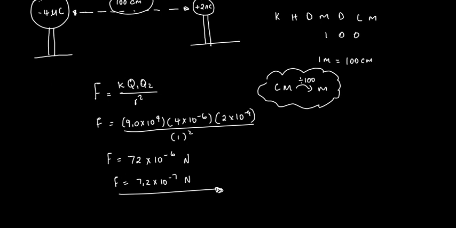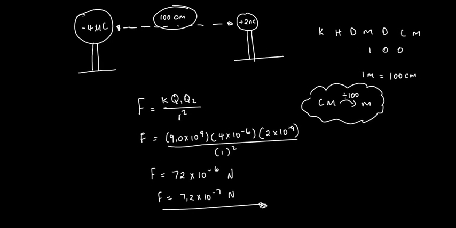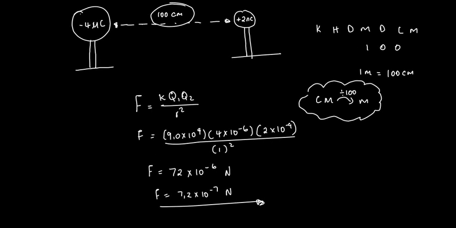Please confirm that for me. Perfect. So now that is what we do when we are usually calculating for this. So you must just know how to use this formula there.